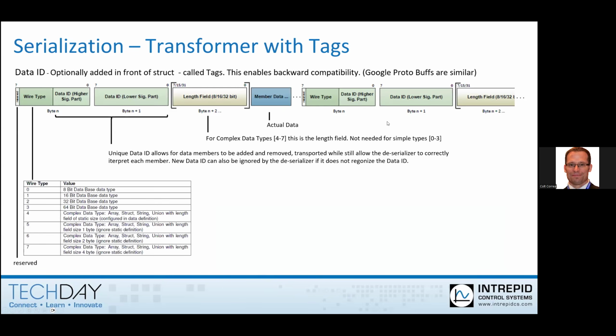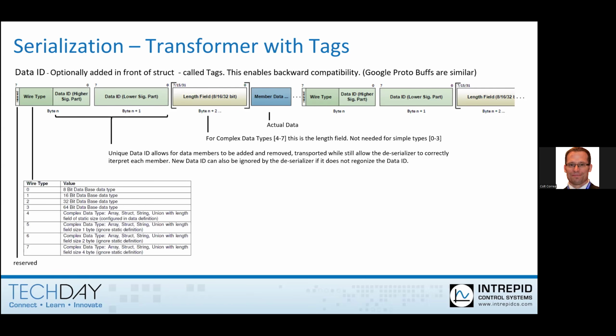We can have data, which is the actual data, and tag it with a data ID, as well as format information about what type of data is being transferred. And the benefit of doing tags is that if you upgrade software in one ECU and it doesn't recognize a tag from other ECUs, then you can just ignore them.